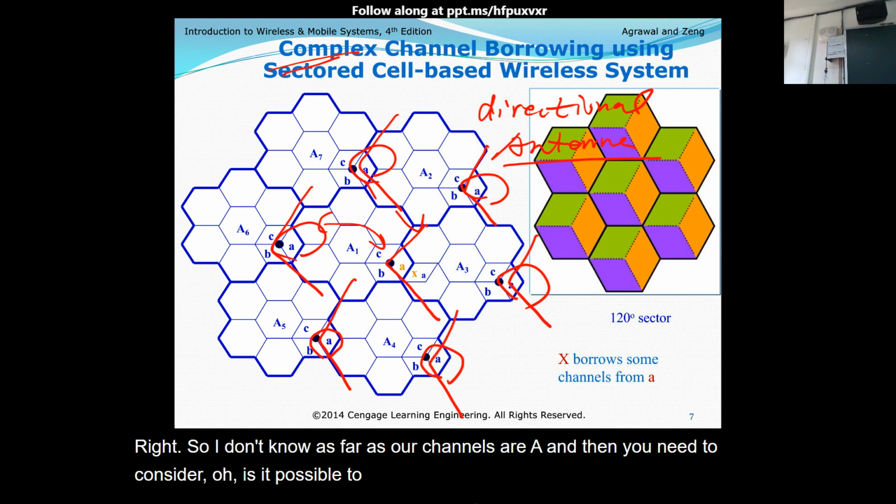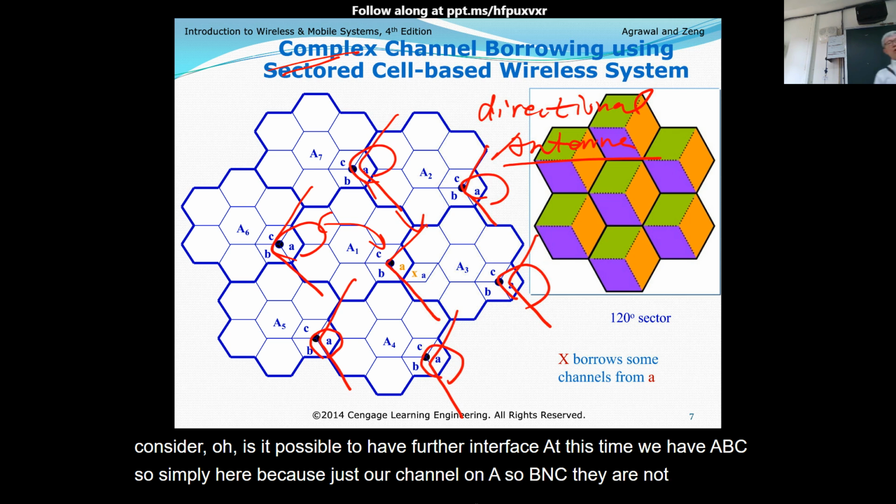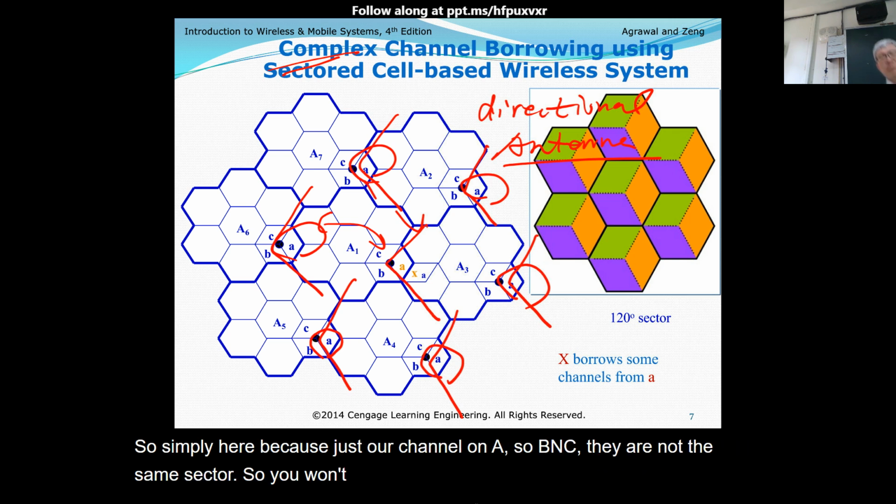By this time, we have A, B, C, so we simply need to consider A here, because we just borrow the channel from A. As for B and C, they are not the same sector, so you won't need to consider those possible interferences.